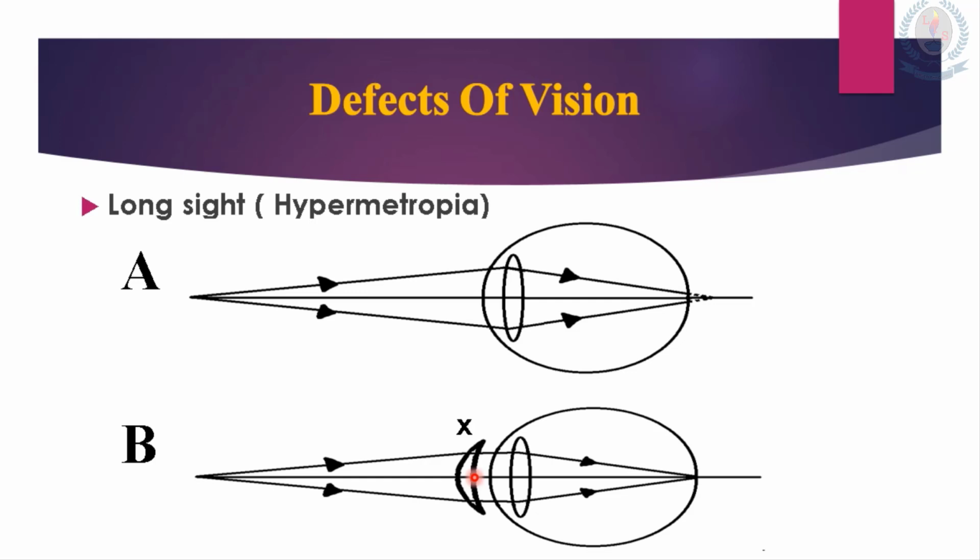The convex meniscus lens receives the light rays and converges them onto the eye lens. The eye lens converges the rays again onto the retina. Therefore, this eye can see the image clearly.